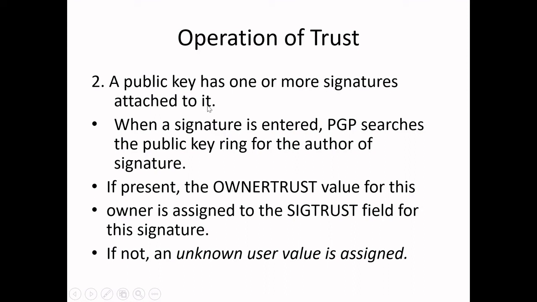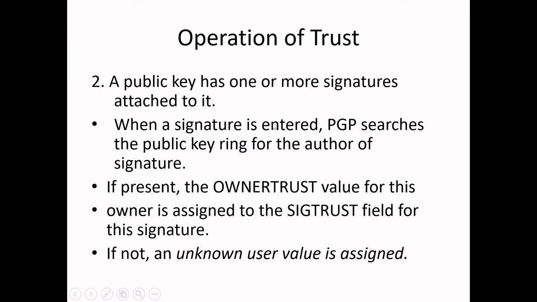So I'm A, or the user A, and I'm entering, let us say, the value of B into my public key ring, and I can have multiple users, say C, D, etc., signing, vouching that this key, which belongs to B, is actually a valid public key. So different people can sign for that. That is why, corresponding to a public key, one or more signatures are attached to it.